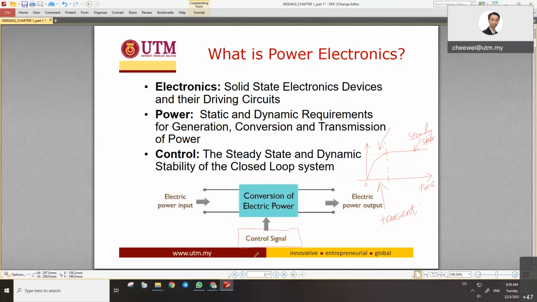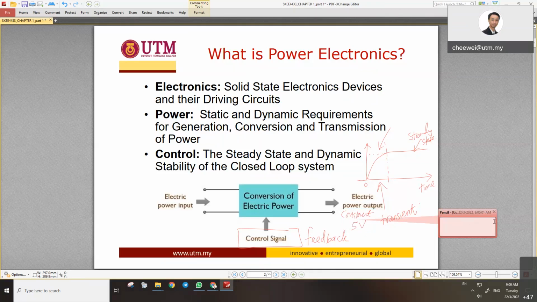We, as the user, will give the signal to the device, whether you want it to become whatever. So you can set your control signal, or sometimes we call it the feedback signal. You want to set, for example, the output power to be constant 5 volt.